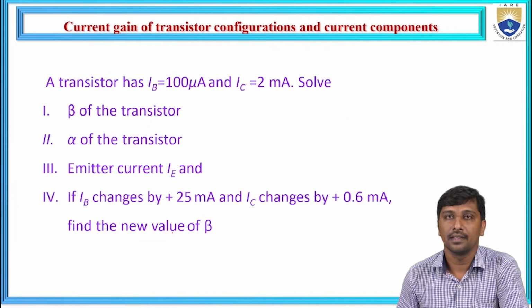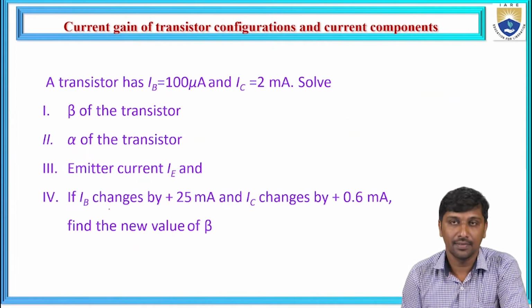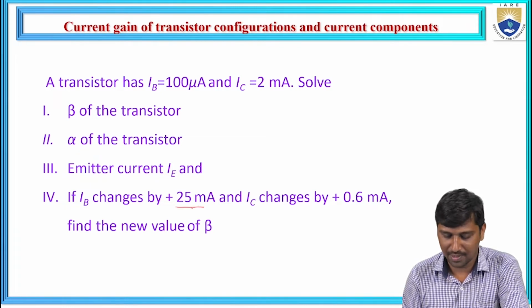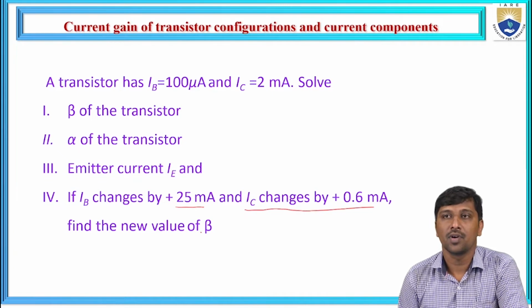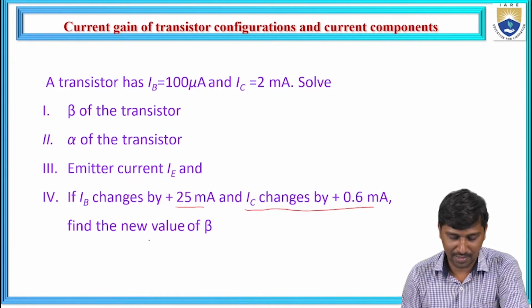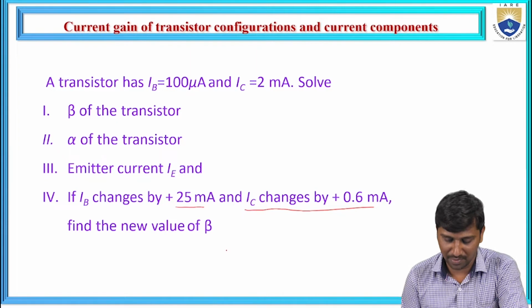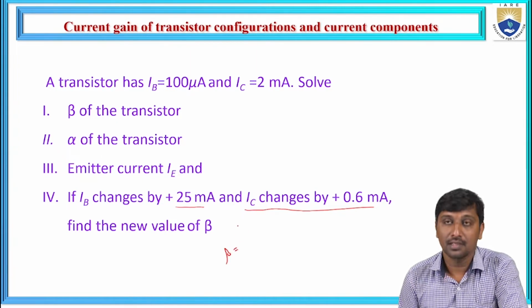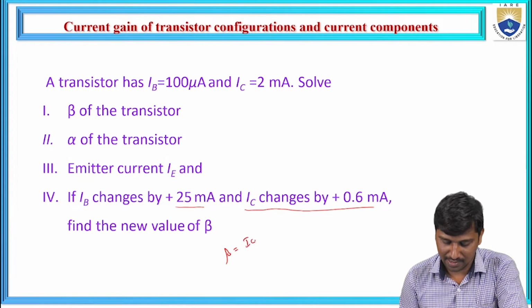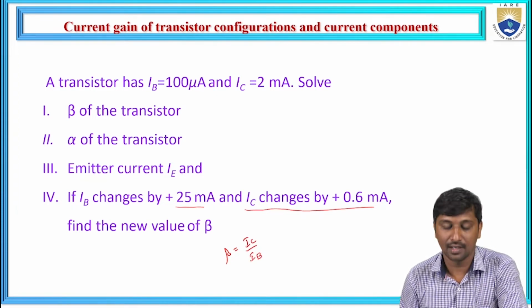Then in the fourth one, they are asking that if the base current changes by 25 milliamperes and the collector current changes by 0.6 milliamperes, find the new value of beta. We know that beta is defined as IC by IB, that is, output collector current to the base input current.